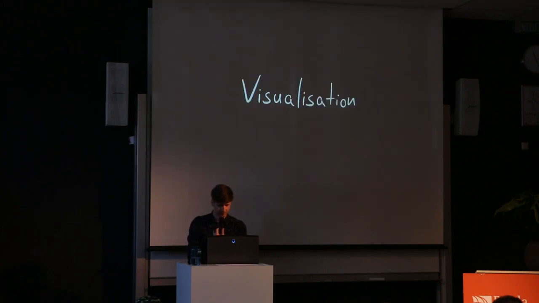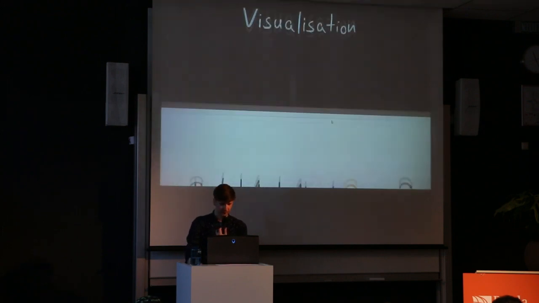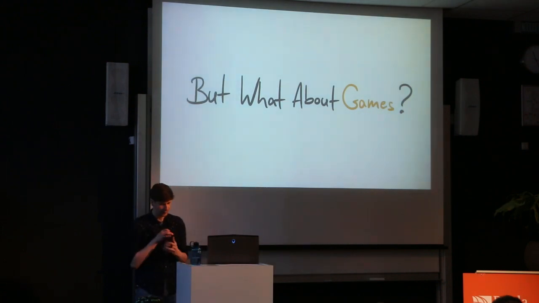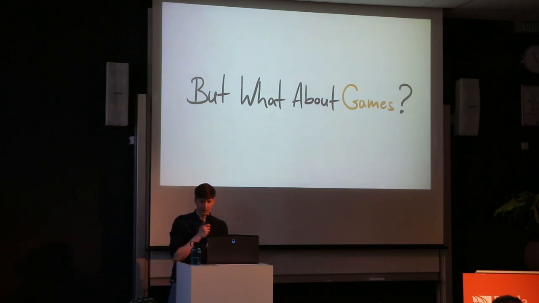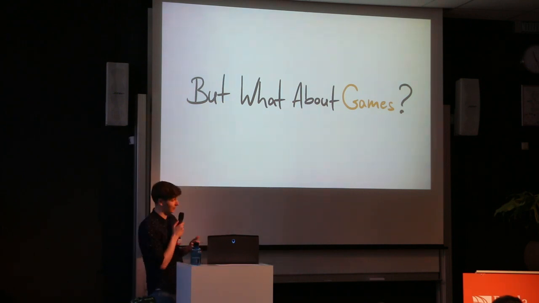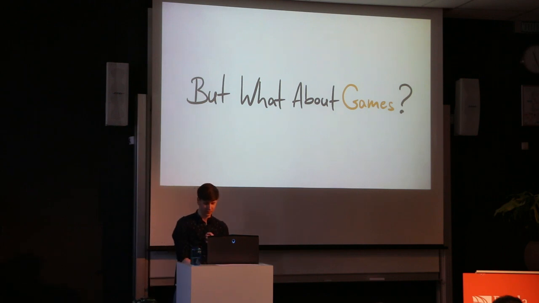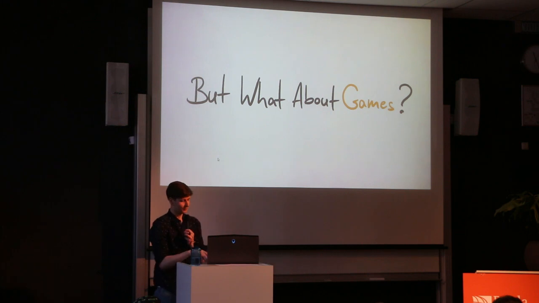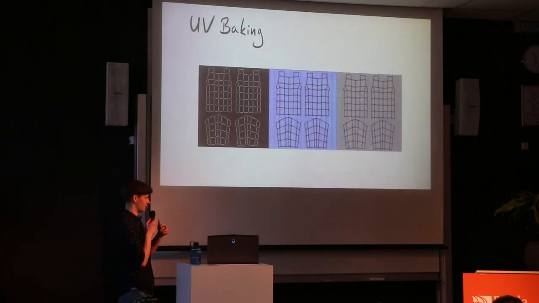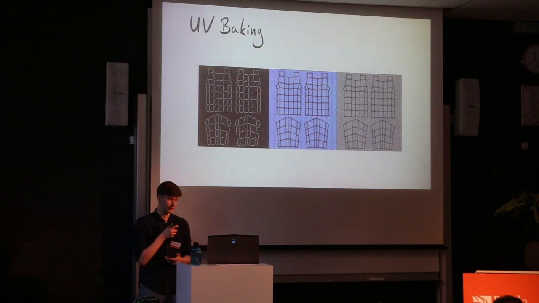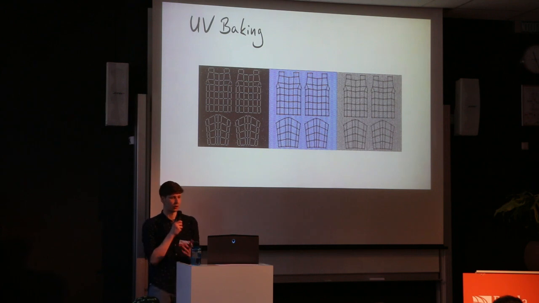Okay, but after all, this is a conference about content generation for games. And I'm not really an expert on this field, but I'll try to add my information on that as well. The simplest answer: if you just use your UV coordinates to bake anything that you create in Blender, it's no problem at all.